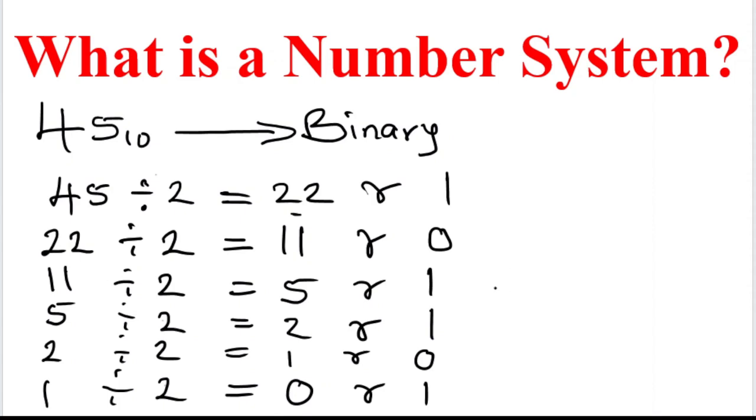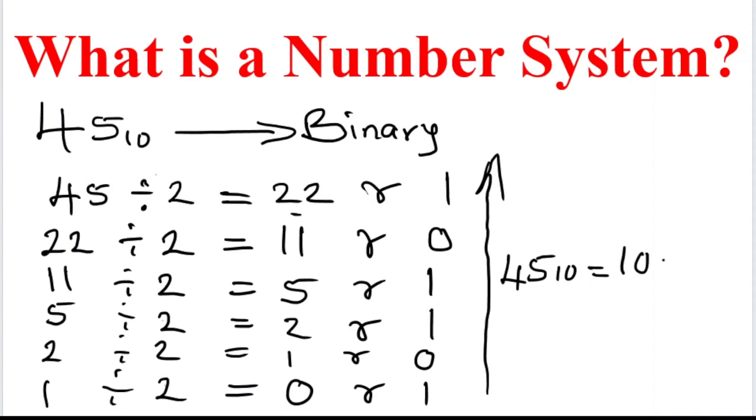So now, how do you read the numbers? You read it from bottom to up. That means from the bottom here to top. So reading it from bottom to top, we now have 45 is equal to 101101 in base 2, okay?